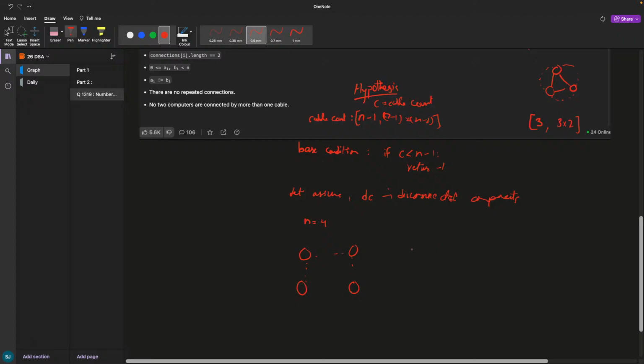Exactly, if we need 4, we need at least 3 cables, and we can have at max of 6 cables. Oh shoot.